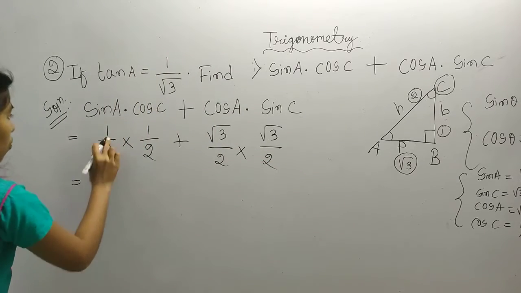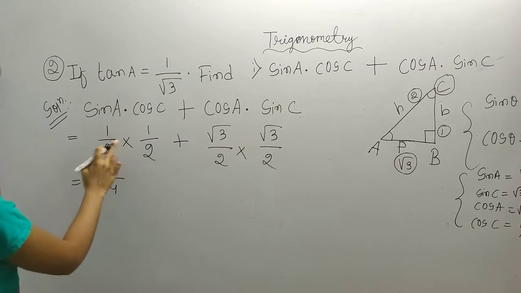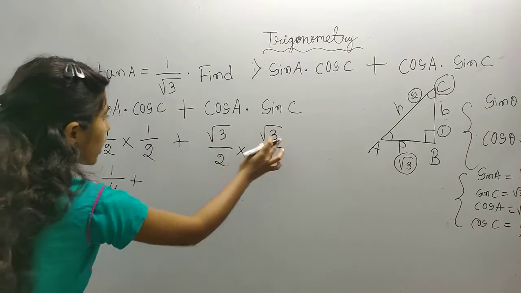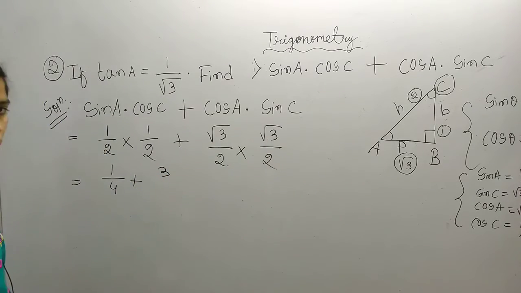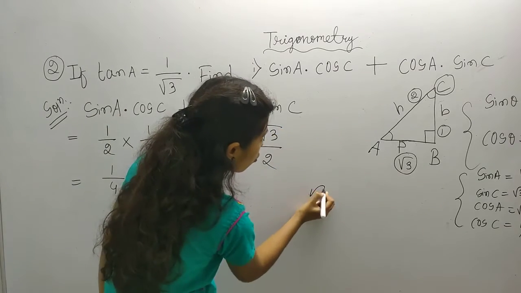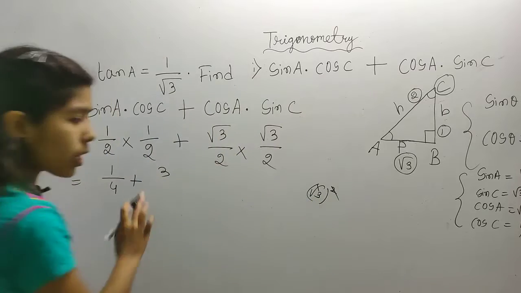Next, 1 by 2 into 1 by 2, we multiply 1 into 1 is 1, 2 into 2 is 4. Then plus root 3 into root 3. Root 3 squared, so root and square will cancel, then 3 will come.